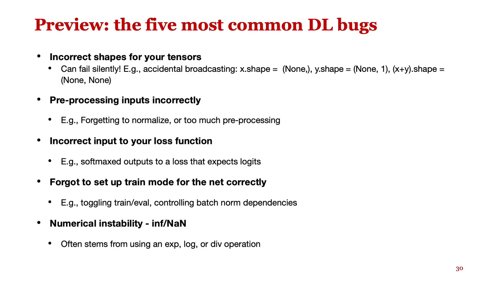You might also have incorrect inputs to the loss function. For example, and this is again very, very common, I think pretty much every one of the PhD students that I have had in the last few years has suffered from this issue before of double softmaxing something. So if you apply a softmax to an output of a network and you apply the softmax again, that will cause issues.